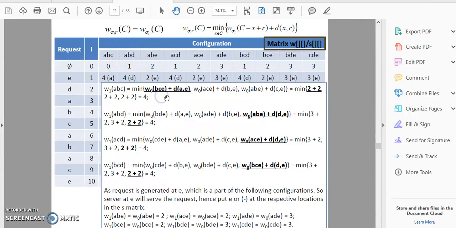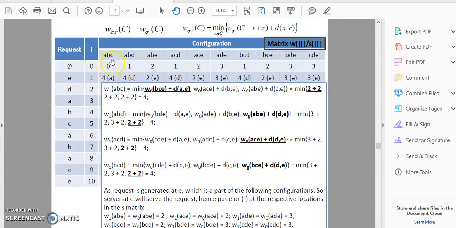So it is BCE, the final configuration, and the distance we have to travel moving from A to E is d(A,E). Similarly, if we want to move the server at B to E, we remove B, so we are left with AC, and then add E at the end. So ACE plus the travel distance from B to E, d(B,E).